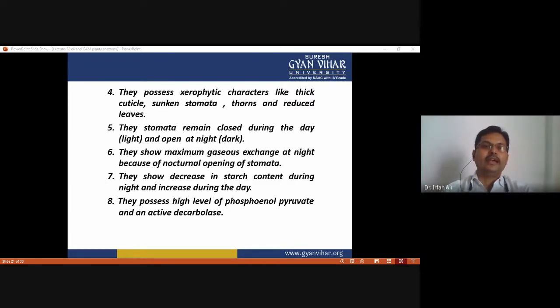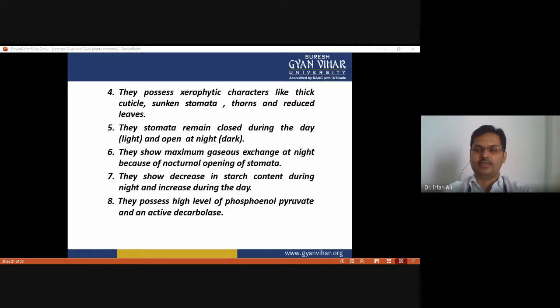They show maximum gaseous exchange at night because of nocturnal opening of stomata. This means the stomata open during the night time only. They show a decrease in starch content during night time because during the night time the Calvin cycle is not carried out, so there is no formation of carbohydrates.